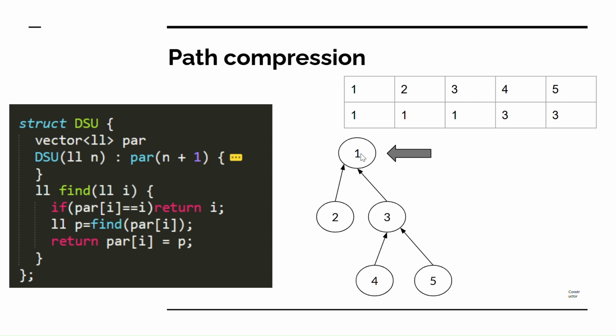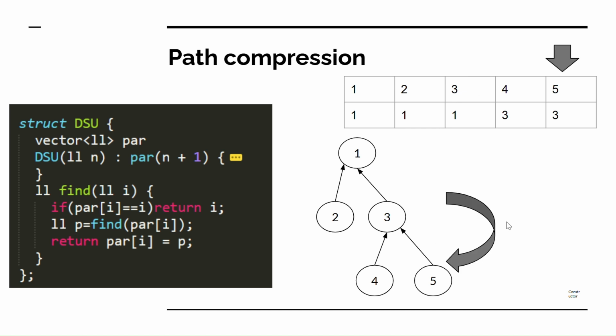As 1 is the root node, satisfying the first line, it's going to return 1. So when we are moving back in the recursion, we update the p value. So p will be the returned value, that is 1. And for 3, we are going to update its parent to 1, but it's already 1, that is, it's already pointing to the root node. We need not update this. And return this 1, as this is now the root parent of 3.